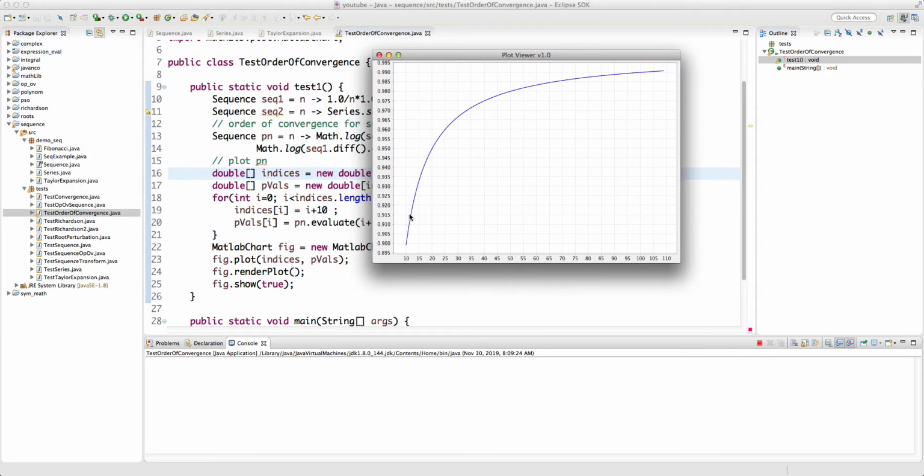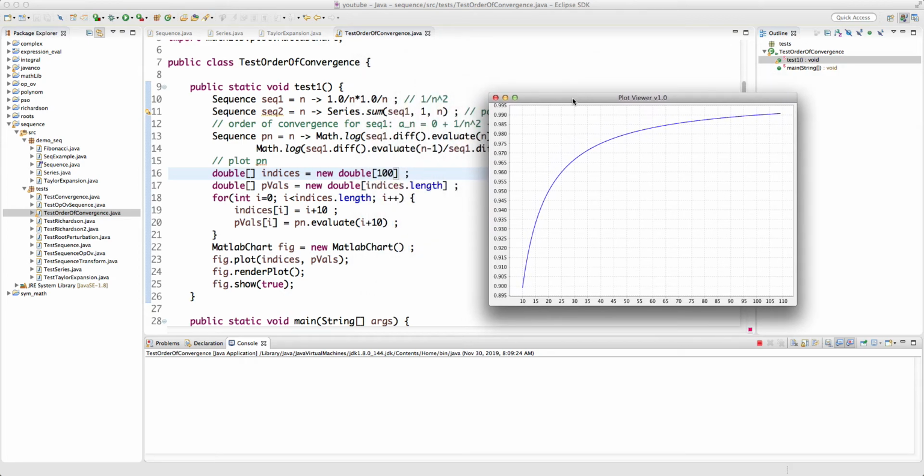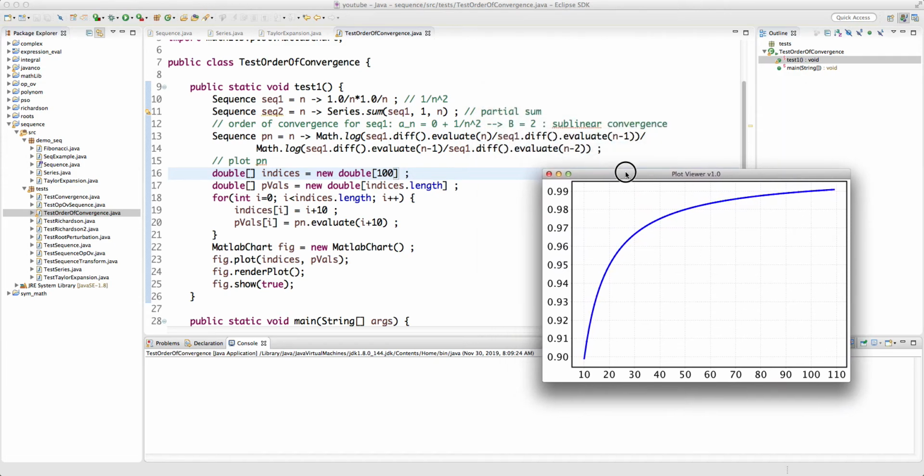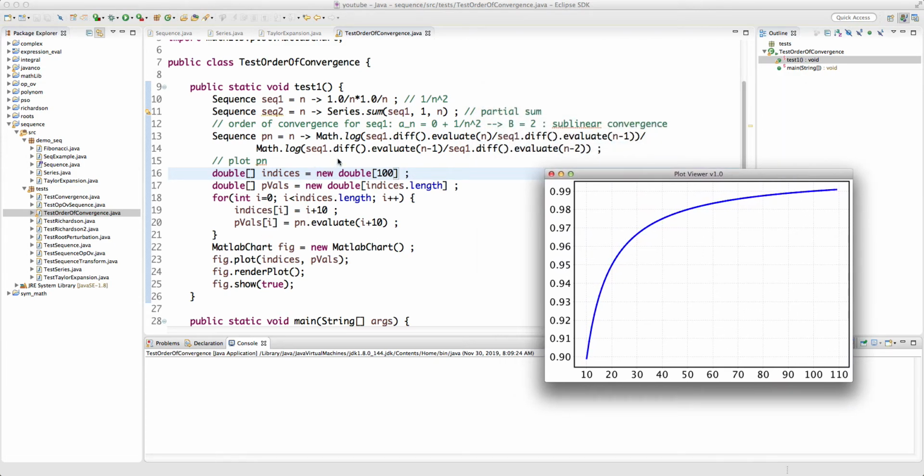As you can see, at term 10 we are at 0.9 for the Pn sequence, and we know that this sequence should converge to 1 because we already know the order of convergence.